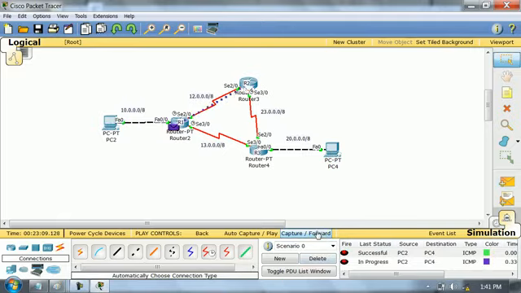They are using the routes one by one. Again I am sending a packet. This is clear. They are using the routes one by one. This is clear to everybody. Any issue? Okay.